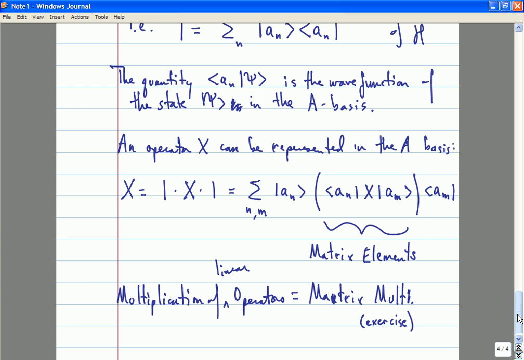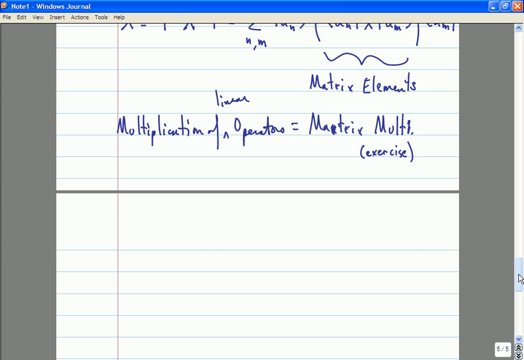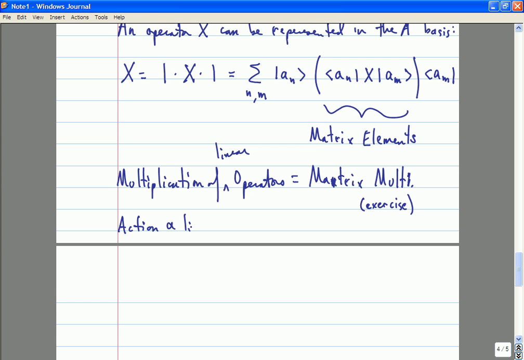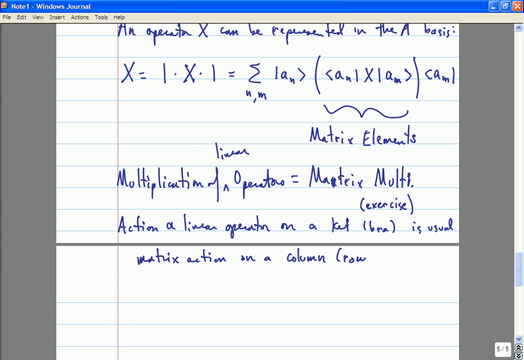And likewise, the action of an operator, and again I should say linear operator, on a ket or on a bra is the usual matrix action on a column, or alternatively a row vector, from the left in the case of a ket, or from the right in the case of a bra.